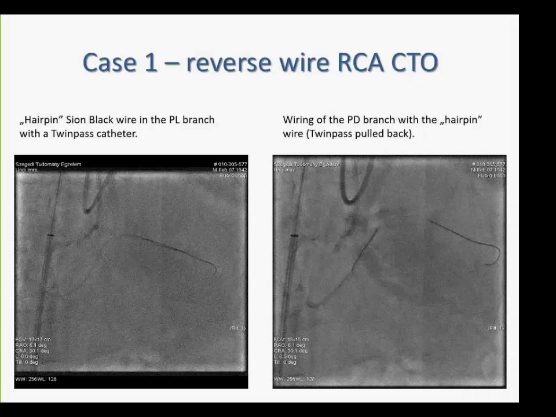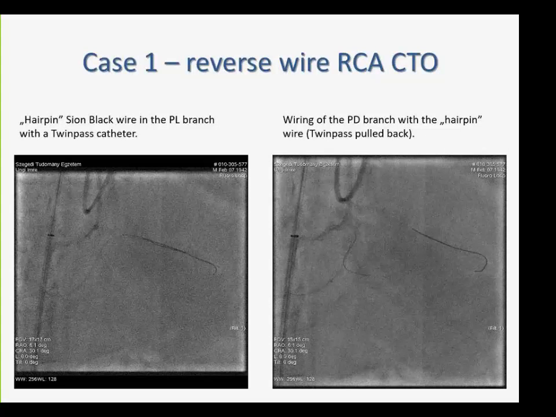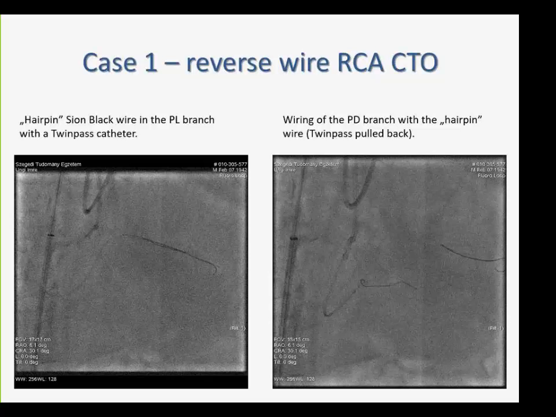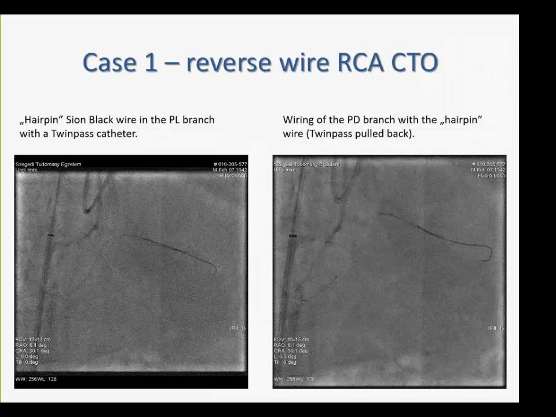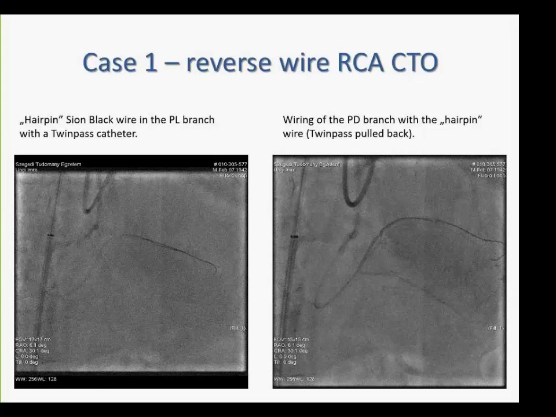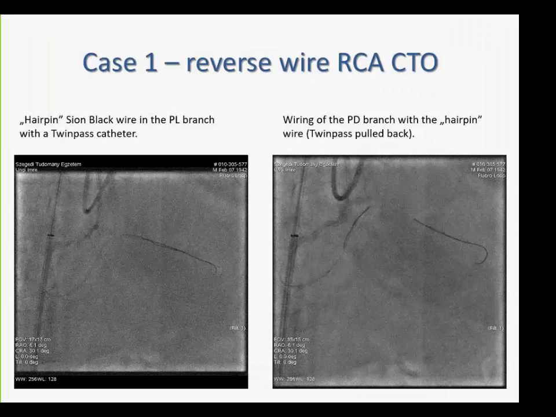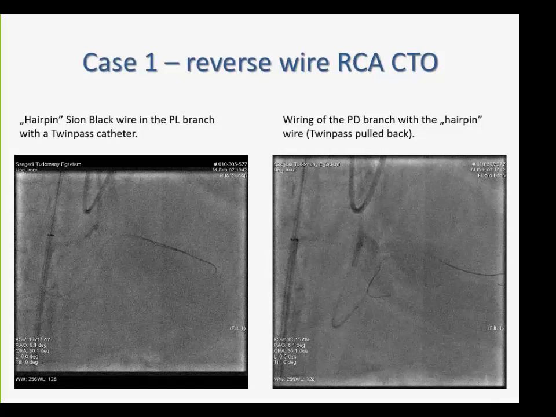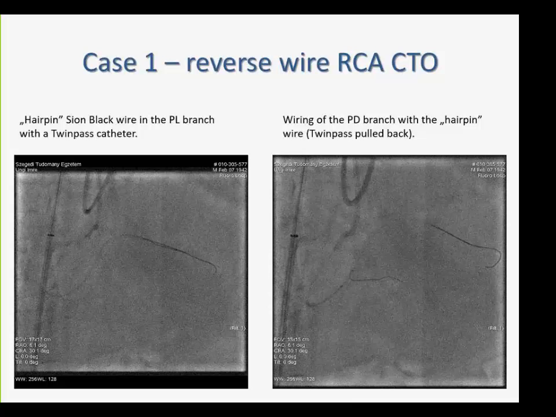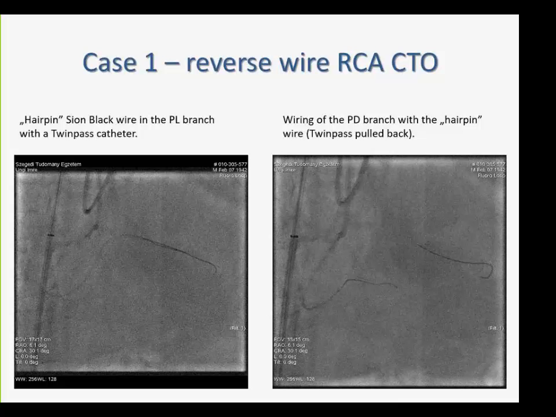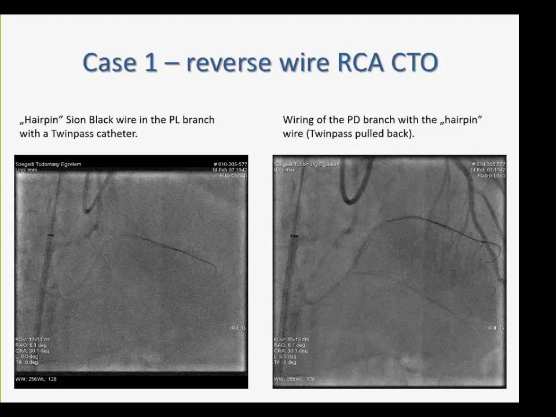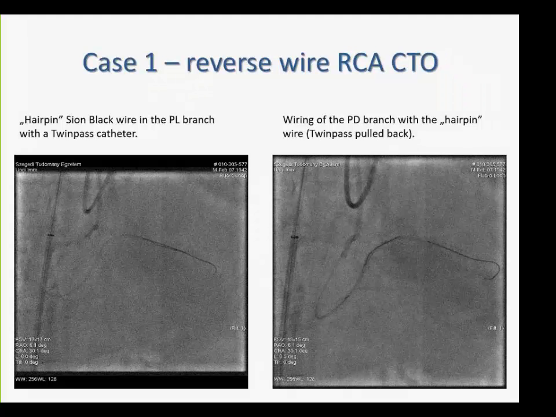Yeah, thank you. So finally, here I wanted to preserve both of the branches. We removed the Twin Pass and inserted a Sion Black into the over-the-wire lumen of the Twin Pass, and at 1 inch, so still at the soft part of the distal end of the Sion Black, we created a hairpin.